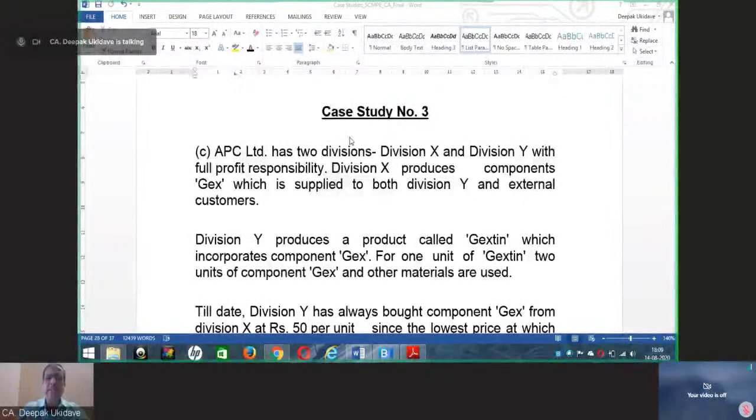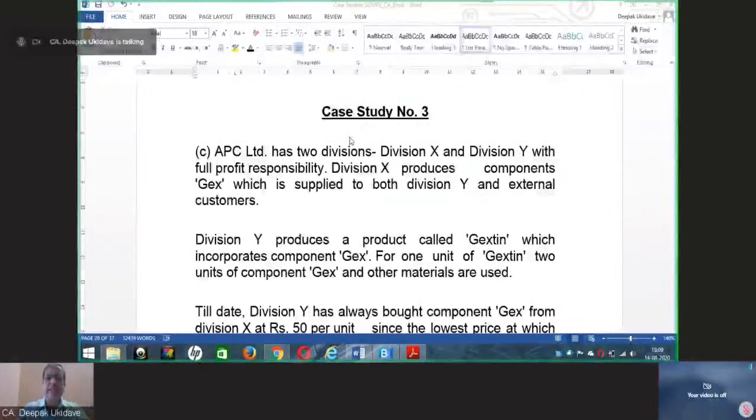Other materials 12 and 22, direct labor 16 and 13, manufacturing overheads 2 and 5. So all this data is given. Selling and distribution cost 4 and 2, and contribution per unit is 16 and 38. Now let us see how 16 and 38 are arrived at. Let's see whether the calculated 16 and 38 are correct or not. This is already calculated in the original case study itself.